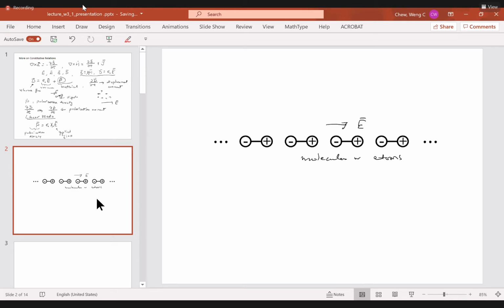These dipoles together give rise to a dipole density, which is called P. And the formula is given by, this is called chi, which is pronounced chi in Greek letter. So let's assume that we have a linear medium so that P and E are linearly proportional to each other. We can think of these little dipoles as having electric field that looks like this.